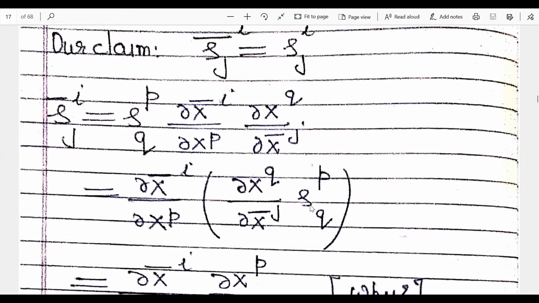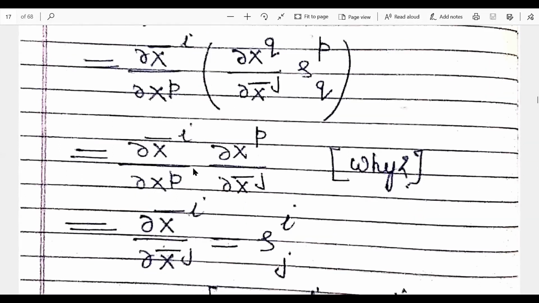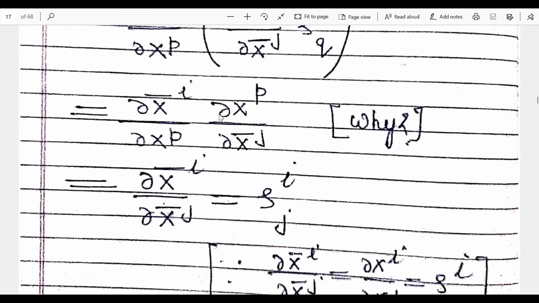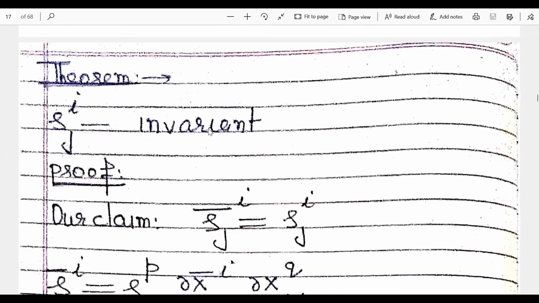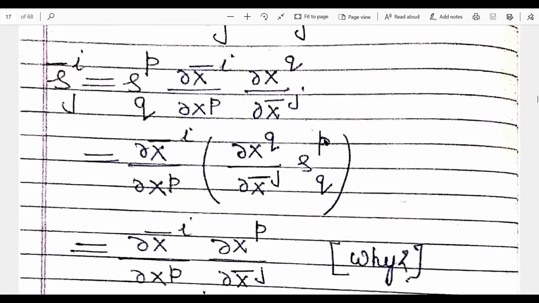Again q is common, so this q is converted into p. Then this product again cancels, and we get ∂x̄^i/∂x̄^j. So this we can write as ∂x^i/∂x^j, right? So what is this? This is delta ij. So this term is delta ij, which means, by the second property, delta ij is invariant.